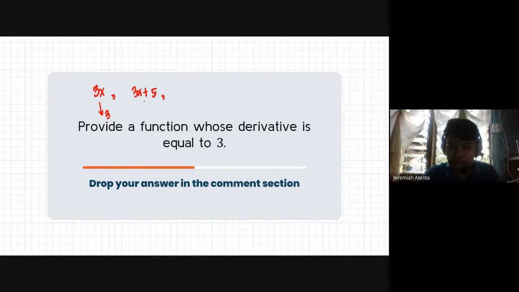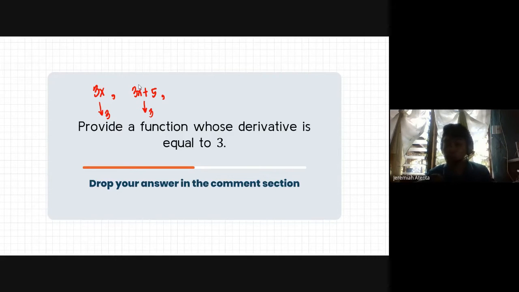For the second function, 3x plus 5, the derivative of 3x is 3 plus the derivative of 5 is 0. So therefore, 3 plus 0, we have 3. Both functions that you gave really have derivative equal to 3. Tama yung ibinigay ninyo.